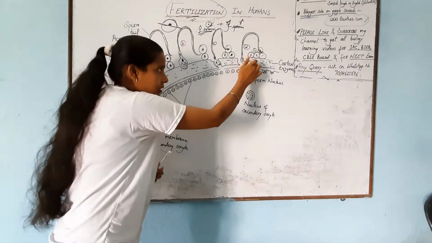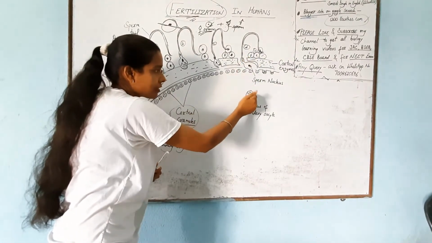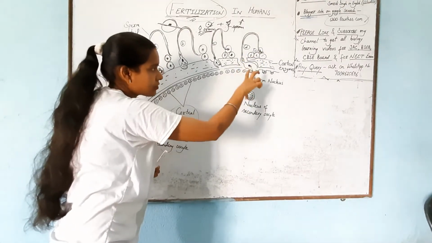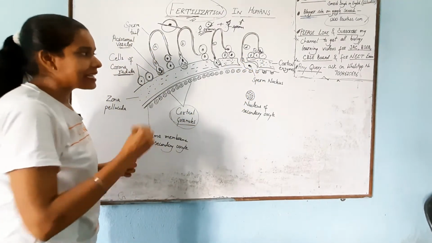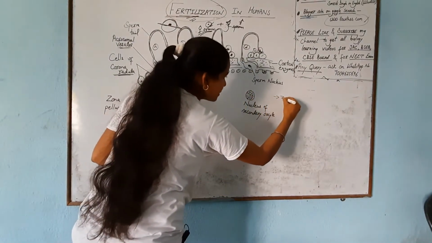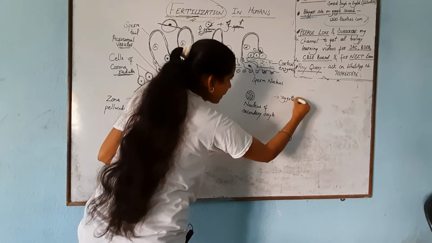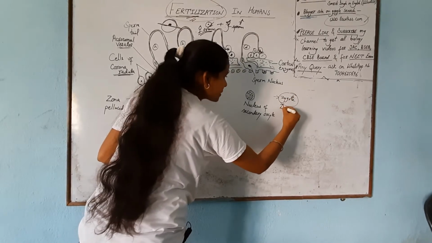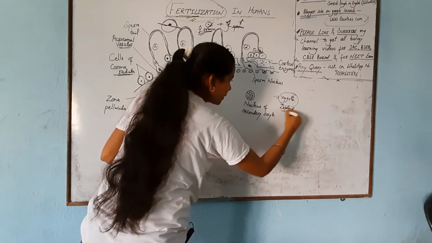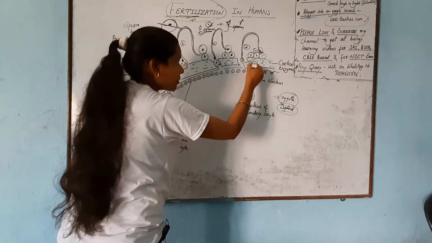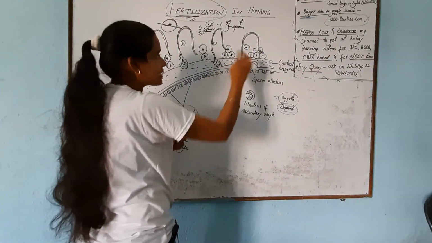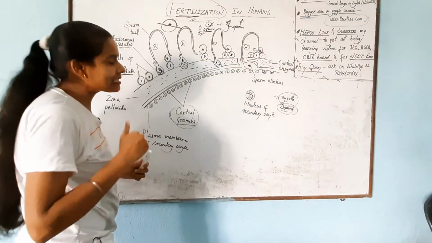The sperm nucleus and the ovum nucleus, that is the male nucleus and the female nucleus, fuse with each other and form a structure known as the zygote. This zygote is diploid. In the last video I taught you that the sex cells are haploid.